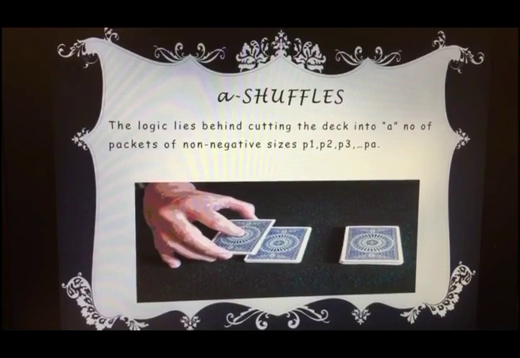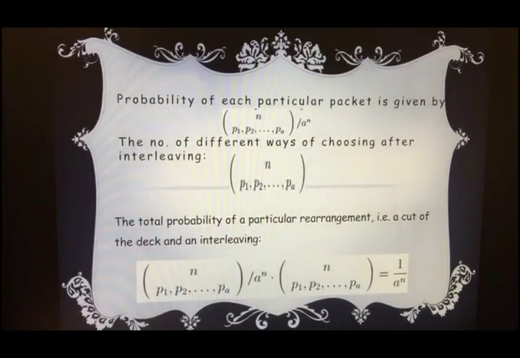Coming to a-shuffles, a-shuffling is very important here. The logic lies behind cutting the deck into a number of different packets, and here the size of each packet does not have any influence on the shuffling or on creating the randomness.